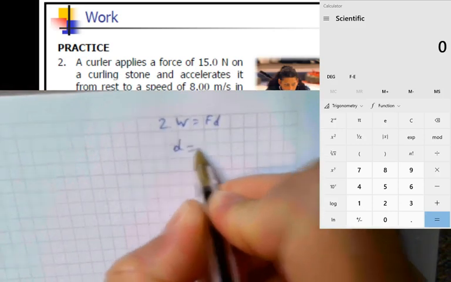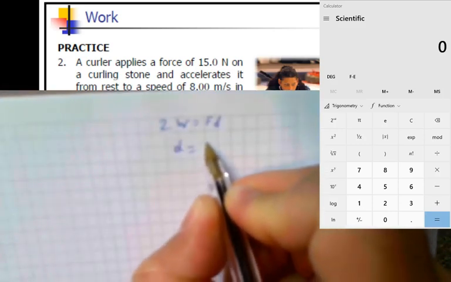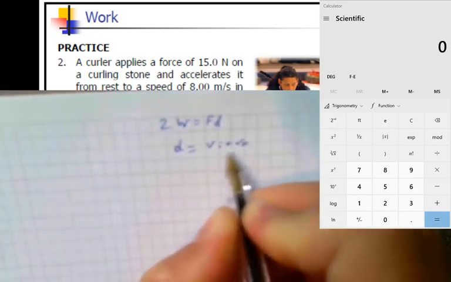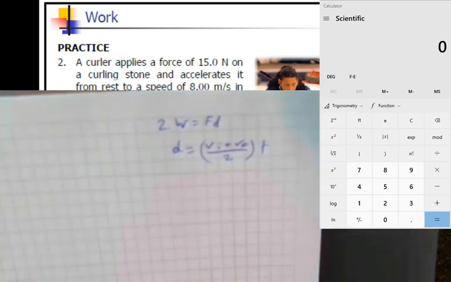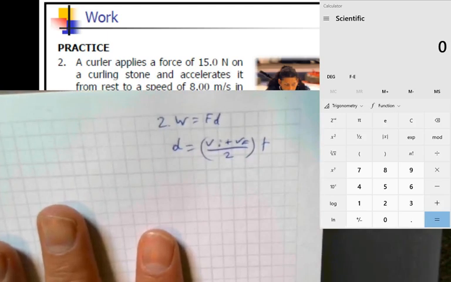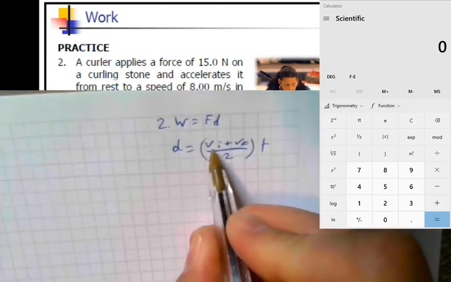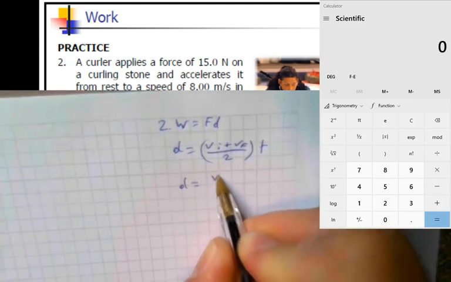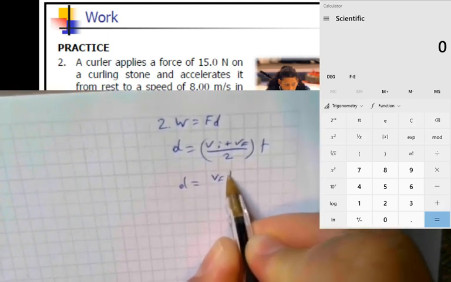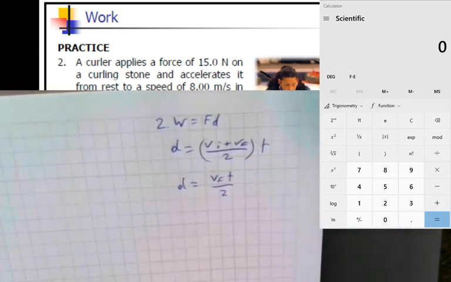So our displacement can be found using the equation VI plus VF divided by 2 times T. And to do that, we know our VI is already 0, so we can simplify this to VF times T over 2, or 0.5 VF times T.